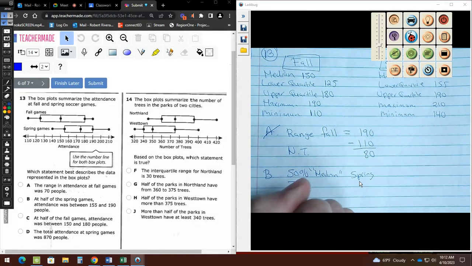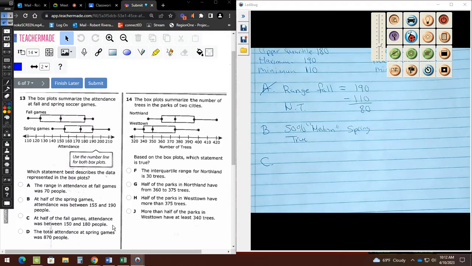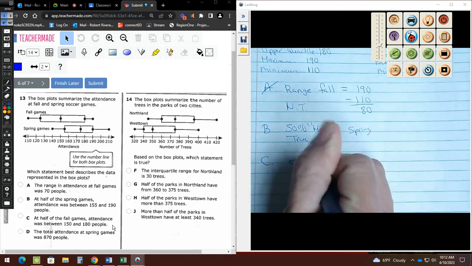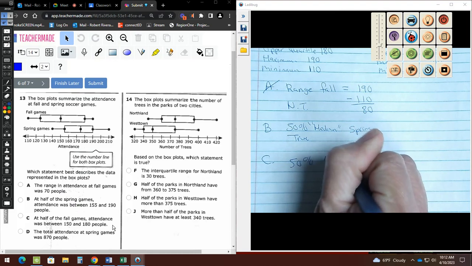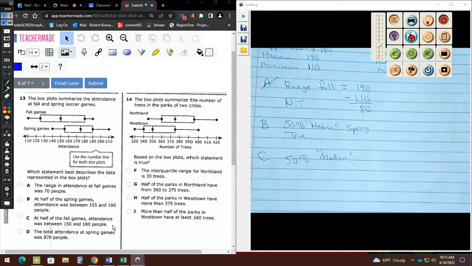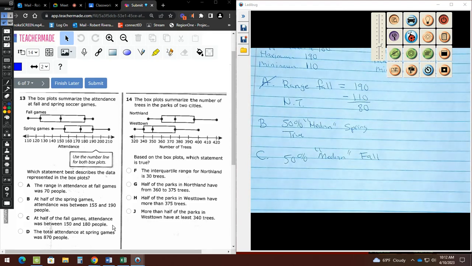Letter C. They want again half. What's half in life? 50%. Or it could also be to focus on the median, so be careful. Okay? And what, spring or fall? Fall. So let's look at that one, fall. It's the top one. Between 150 and 180. So let me get my little spotlight again.